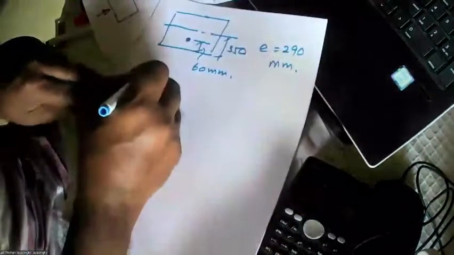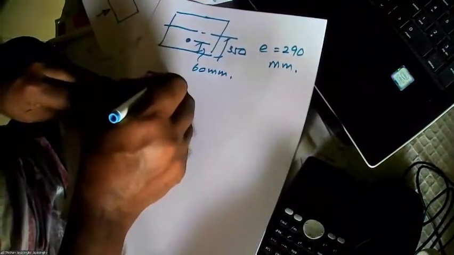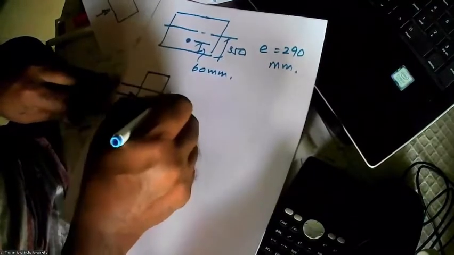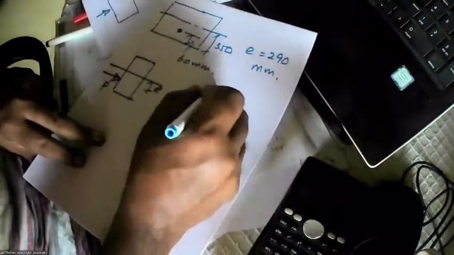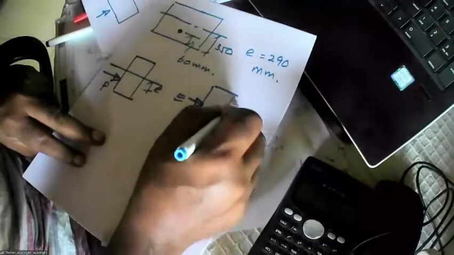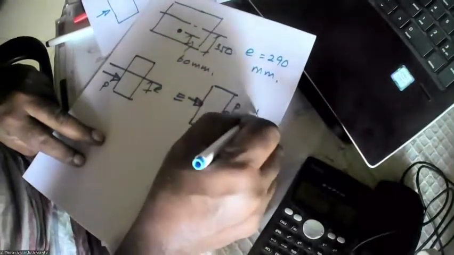So what will happen now? We have pre-stress. So what is this force? P here at an eccentricity e is equivalent to a pre-stress at the center plus a moment. Which direction?